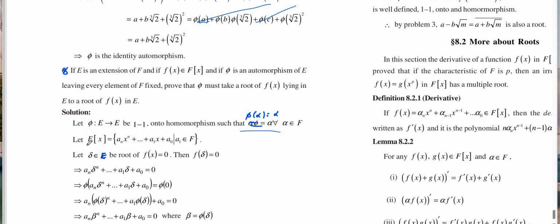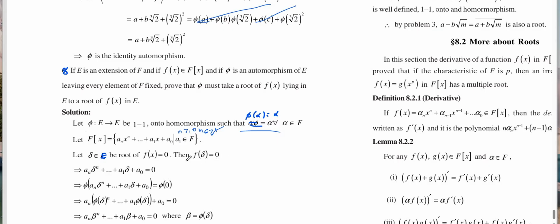F of x is the collection of all polynomials. N is any non-negative integer, so all polynomials are in F of x. It is not restricted to just one n. Now consider delta in E to be a root of f of x equal to 0.